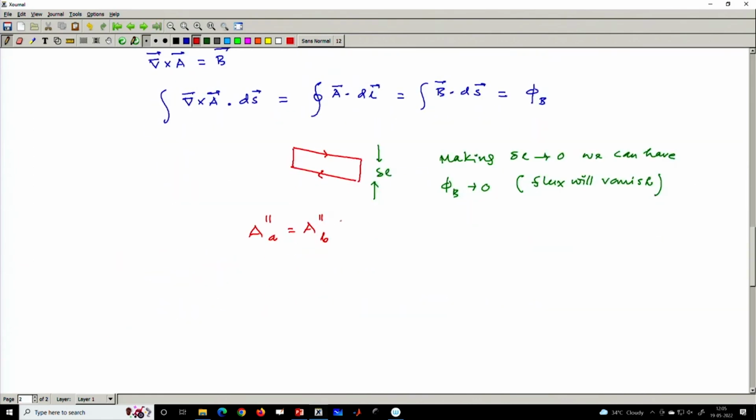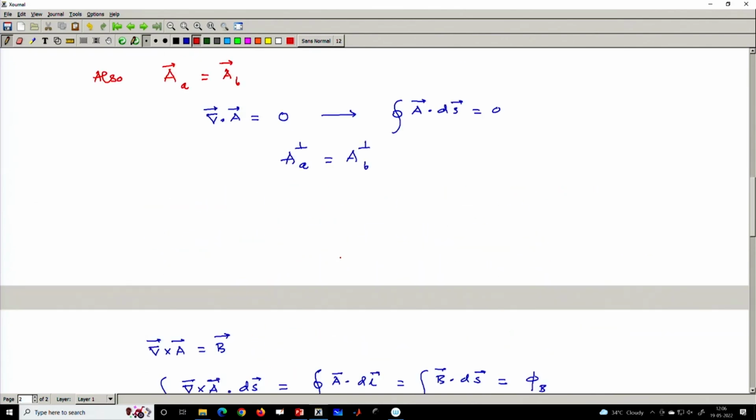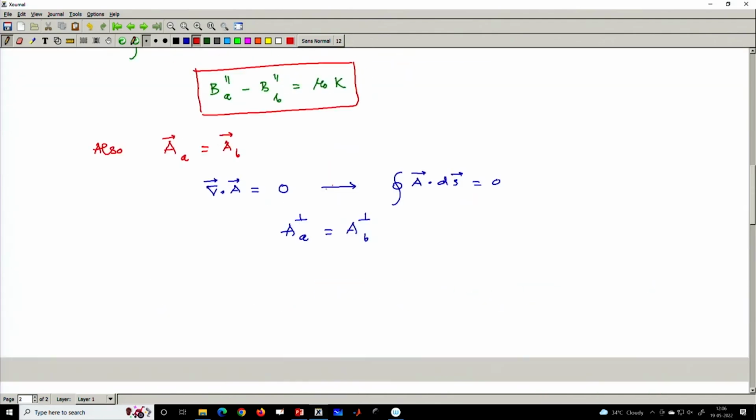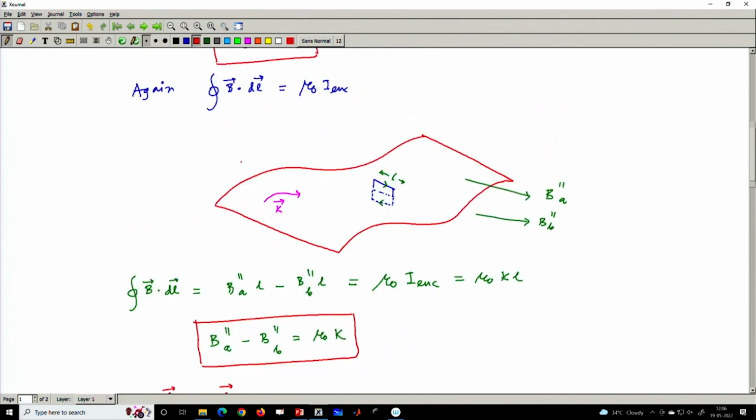Only difference is that I can make this delta L tend to 0 to make this surface area 0. So, flux can be 0, and then we had simply this equation. So, this is the two conditions we get, and if both the perpendicular and parallel components are conserved, then we can say that the vector field A, the vector potential A, is conserved in this interface, in this boundary.